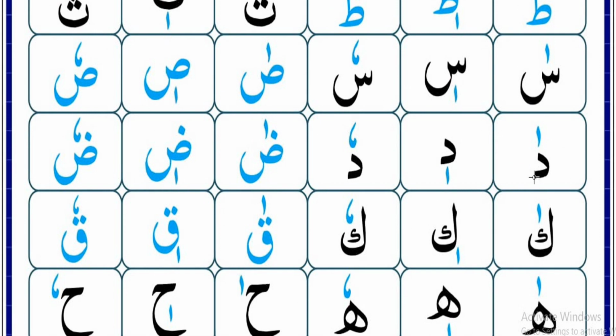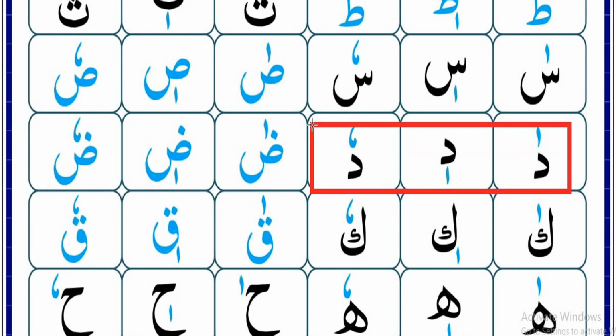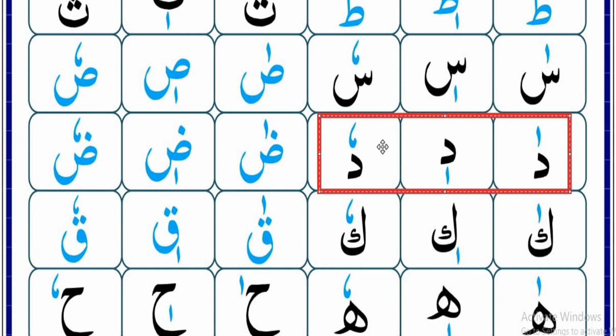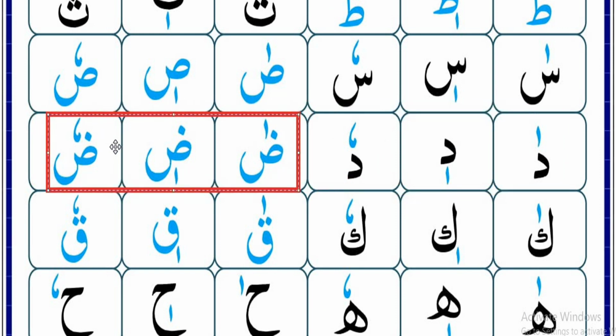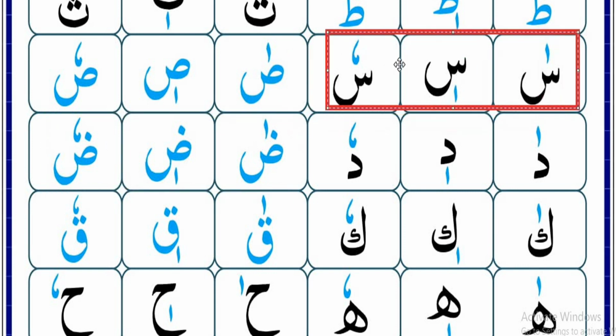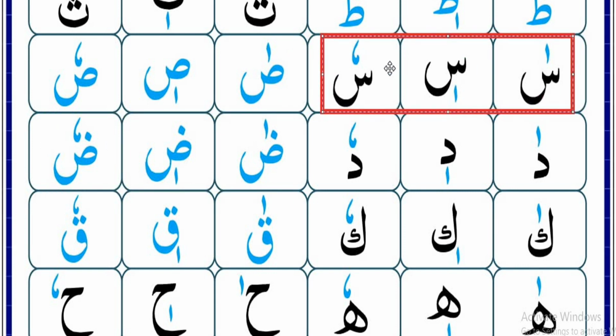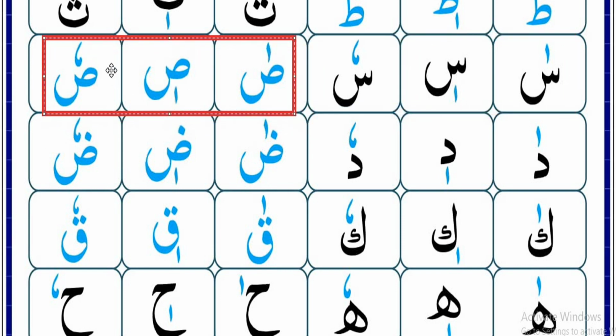And this was the difference between these letters as well. Da, di, du, that was a light sound. Da, di, du, the heavy sound. A similar sound but heavy. Sa, si, su, the light sound, but swa, swi, swu, it's heavy.